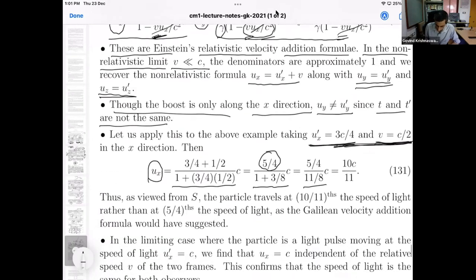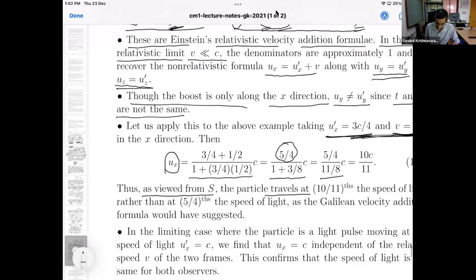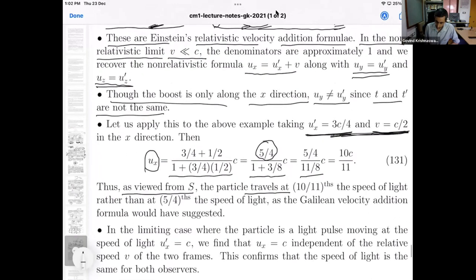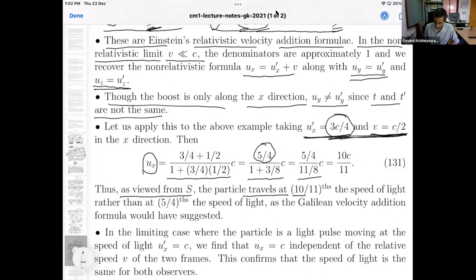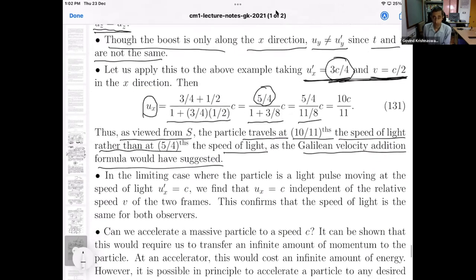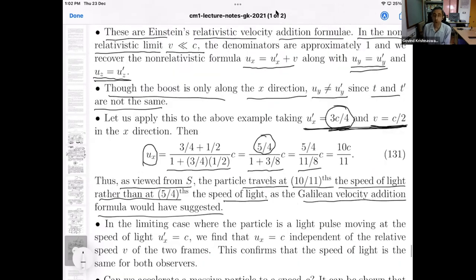Okay, so as viewed from S, the particle which was traveling at 3c upon 4 relative to S prime is reckoned to travel at 10c upon 11. 10/11 the speed of light rather than 5/4 the speed of light, as the Galilean velocity addition rule would have suggested. And one can take the general formula and also show that no matter what ux prime was, ux can never exceed the speed of light.